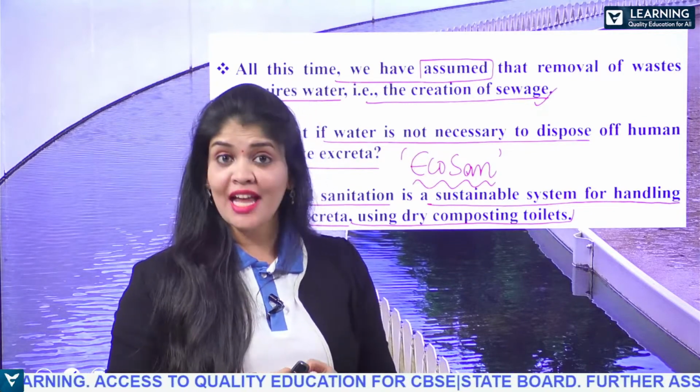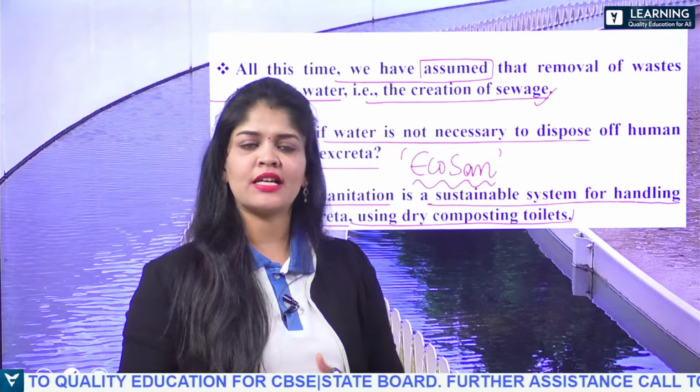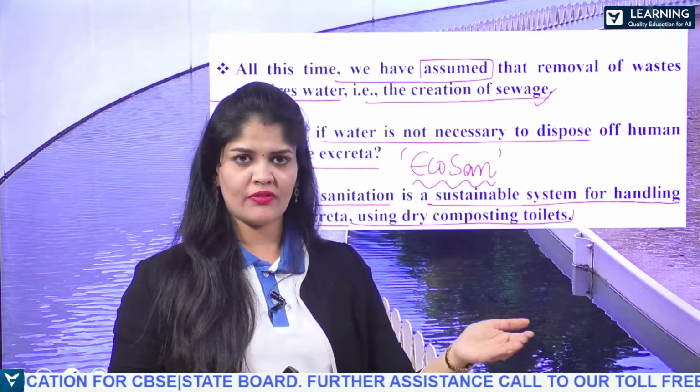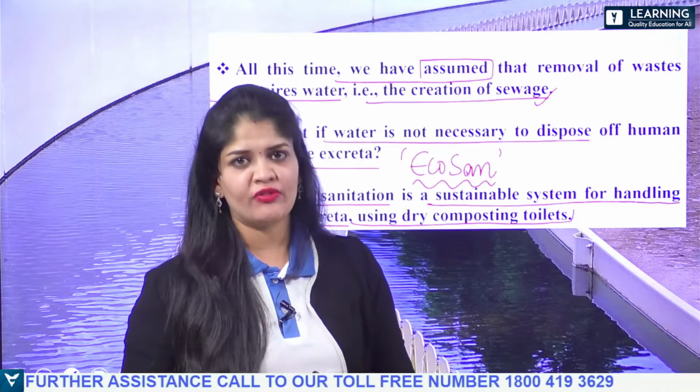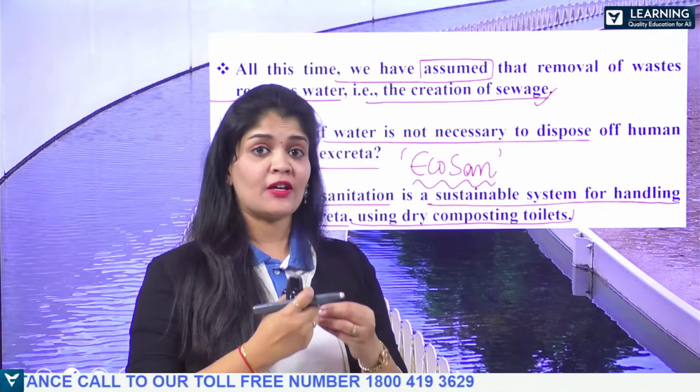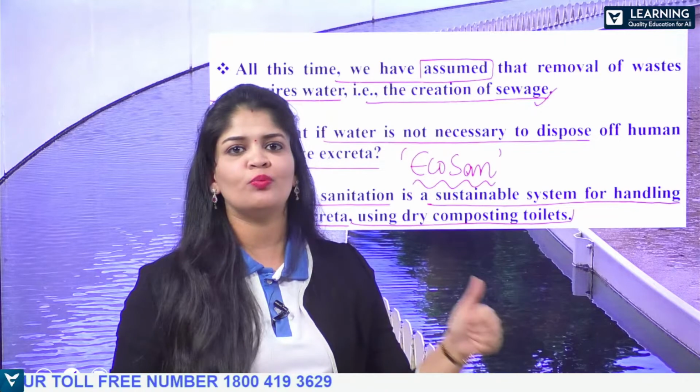As it is coming from a natural source, we call it natural fertilizer. This is a very good alternative to chemical fertilizers, and moreover we are effectively disposing of the human waste.